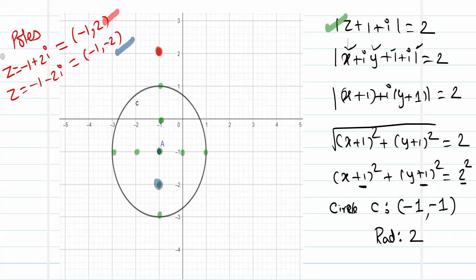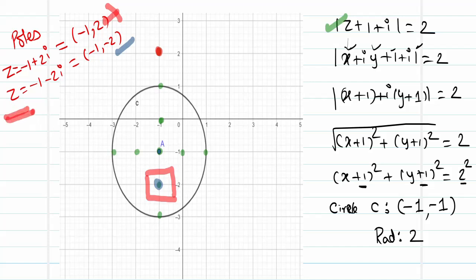So of this, one of the poles is going to lie outside and one of the poles is going to lie inside. So the residue will be estimated only for the pole that is going to lie inside. So which is the point that lies inside? -1 comma -2.